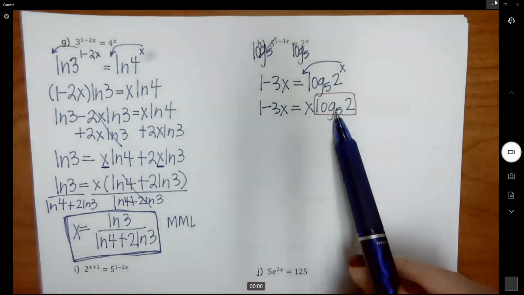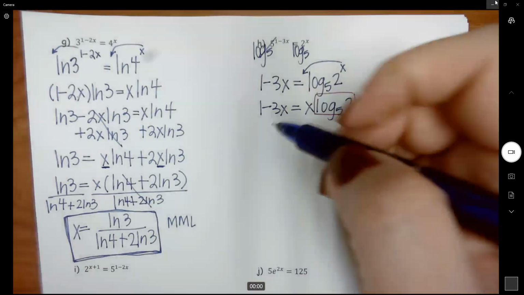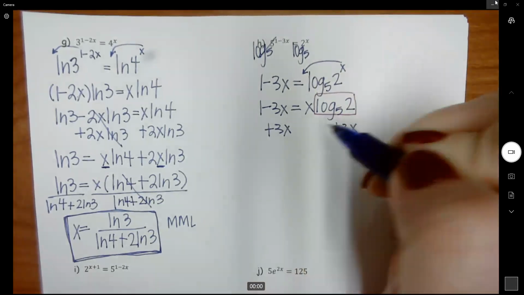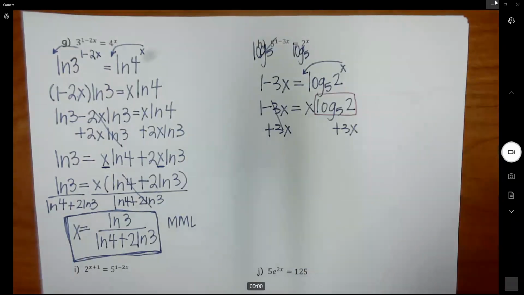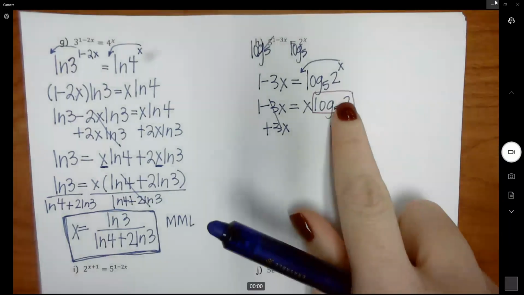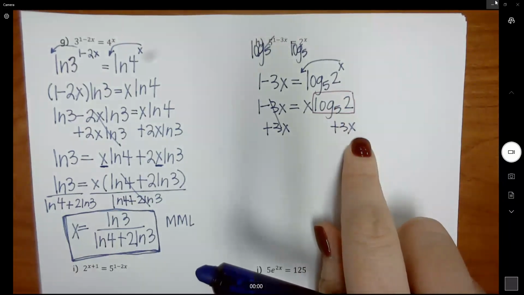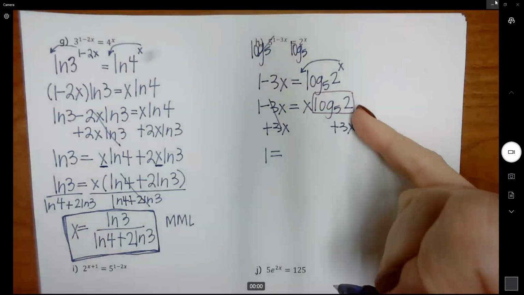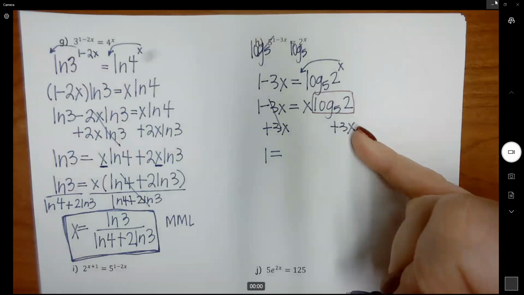So let's get x to the same side of the equation. So I'm going to add this 3x over. These are technically like terms, but because one's in log form and one isn't, I'm going to set them side by side.